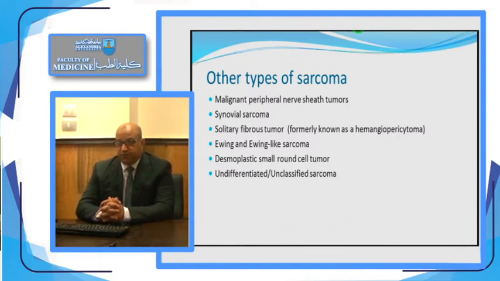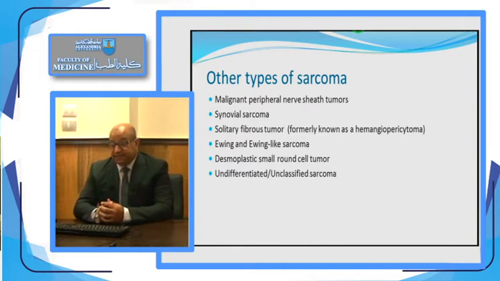The poor prognosis is associated with larger size of the tumor, and association with neurofibromatosis type 1, as they have a higher rate of recurrence. The symptoms depend on the nerve which is involved and the site of the tumor.